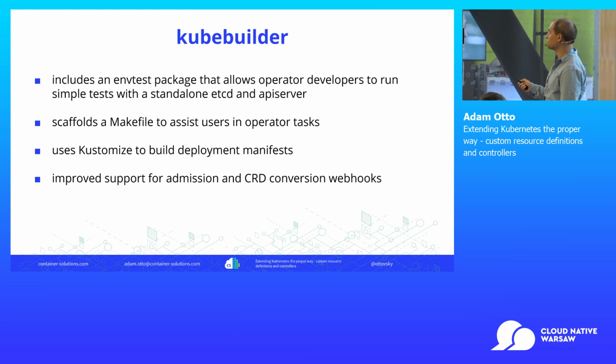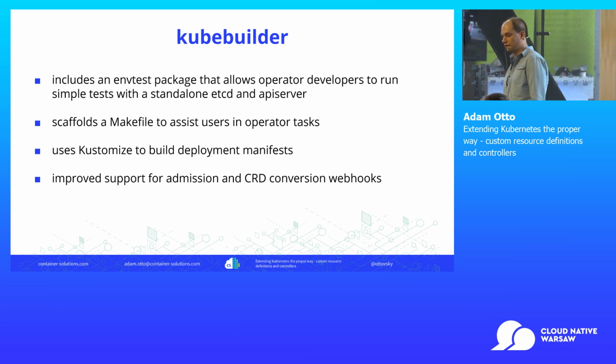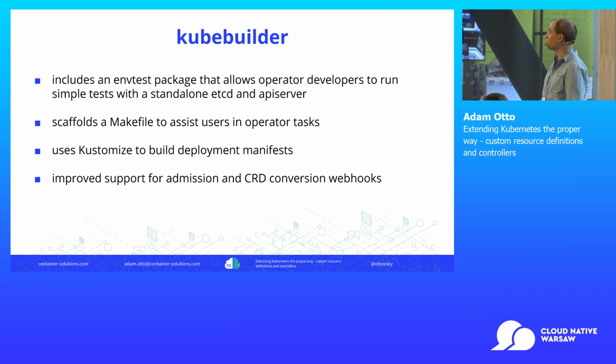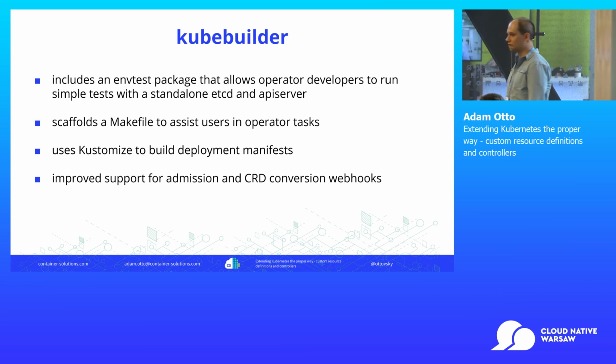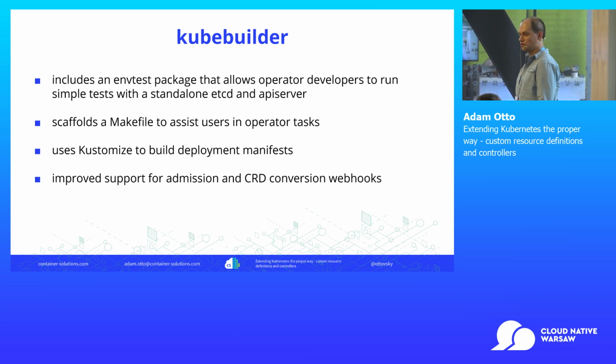It includes the envtest package, which allows operator developers to run tests against a standalone API server and etcd. It uses a Makefile to assist in operator tasks like building, installing, and deploying to the cluster.